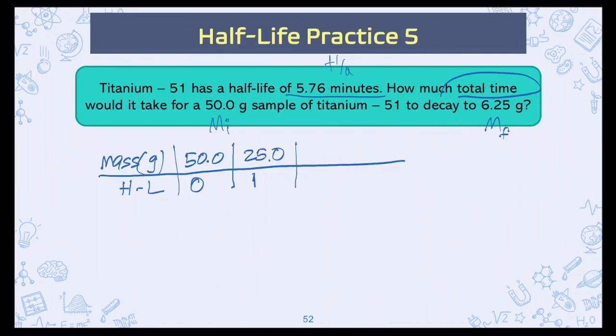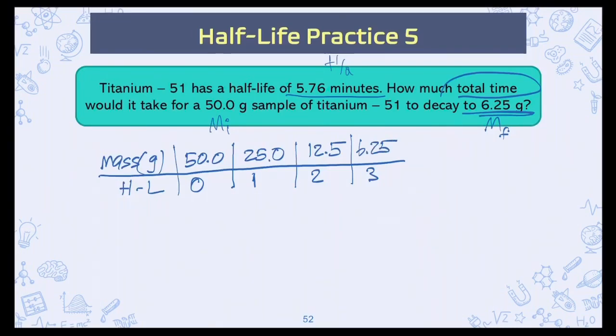After the second half-life, we have 12.5 grams that remain. So when do I stop dividing by 2? Take a look at your final mass. Your final mass is 6.25. That's when you stop. After the third half-life, 12.5 divided by 2 gives us 6.25. So this is where our stopping point is.